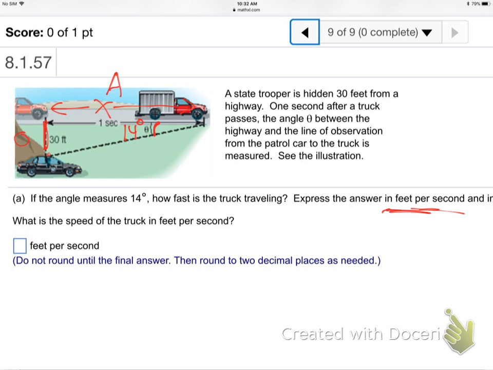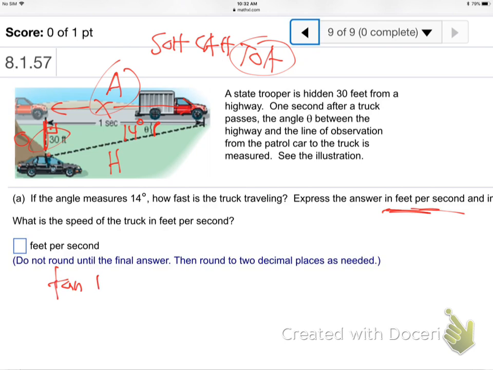This side is the adjacent. And this is the hypotenuse, because here's the right angle. We good? So this is opposite and adjacent. So SOHCAHTOA, opposite adjacent, tangent again. Somebody's always tangent, huh? So the tangent of 14 degrees is opposite over adjacent, is 30 over the adjacent, the x. Call it x, call it a, whatever you want to call it.